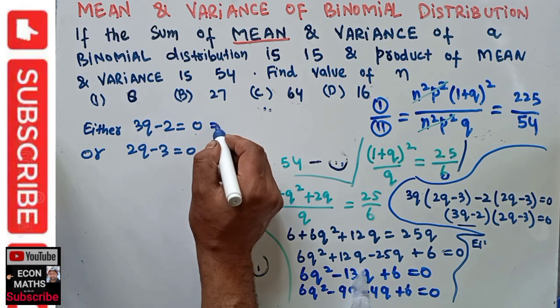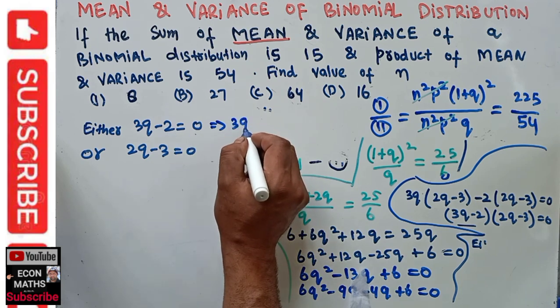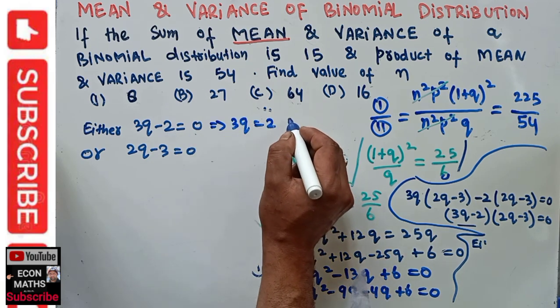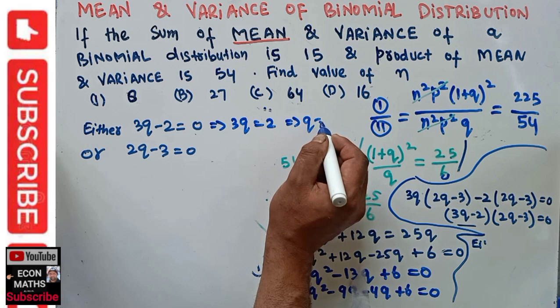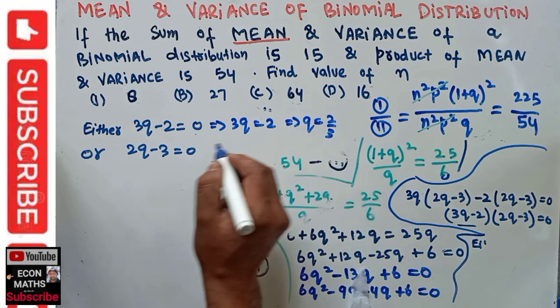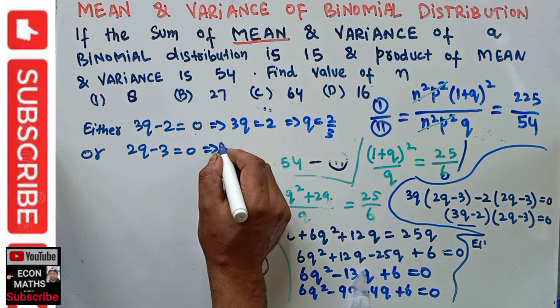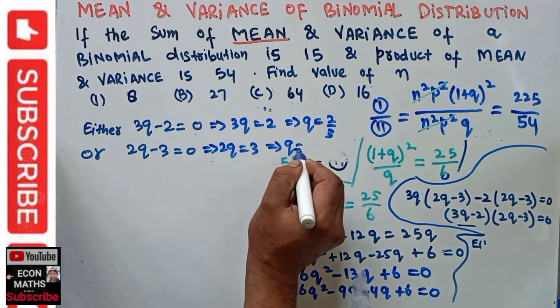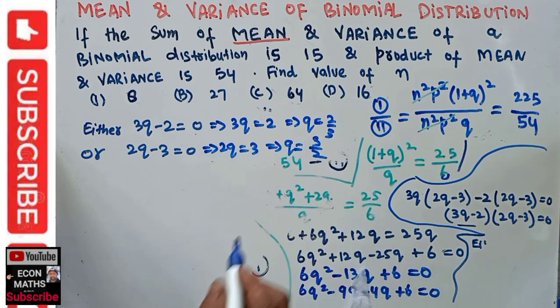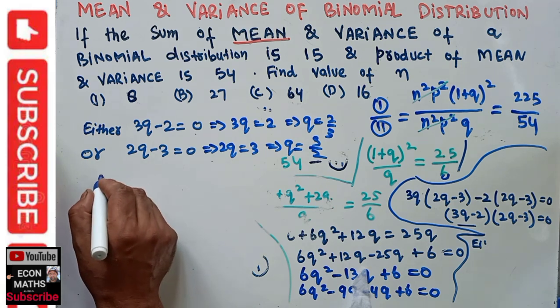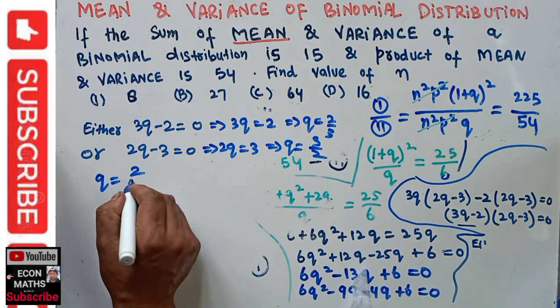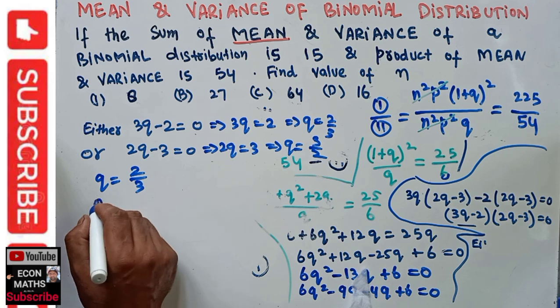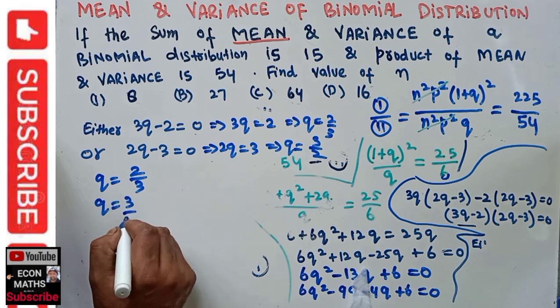If this is the case, 3q is equal to 2, which implies q is equal to 2 by 3. If this is the case, 2q is equal to 3, which implies q is equal to 3 divided by 2. So we got two values: q is equal to 2 divided by 3, and q is equal to 3 divided by 2.